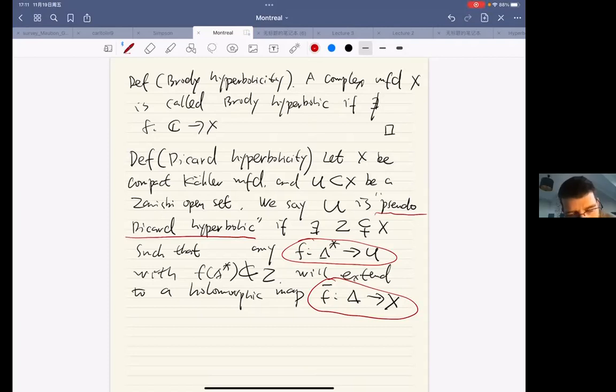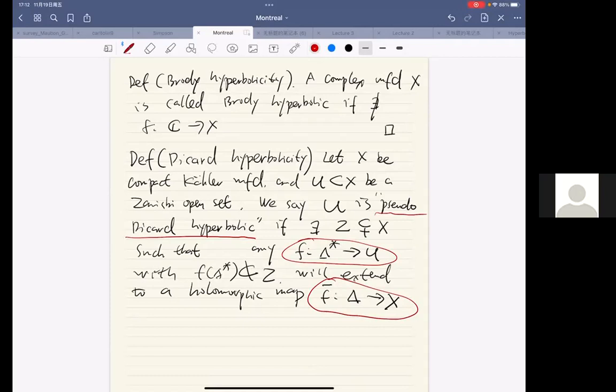Sorry, I have a question, if I may. Why do you need the Kähler assumption for this definition to hold? Yeah, in general you don't need this one, but I will say this later, because we want this not to depend on the compactification. You see, this definition is only for U. Actually, we want it not to depend on its compactification.